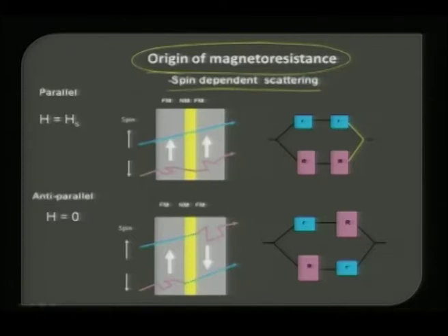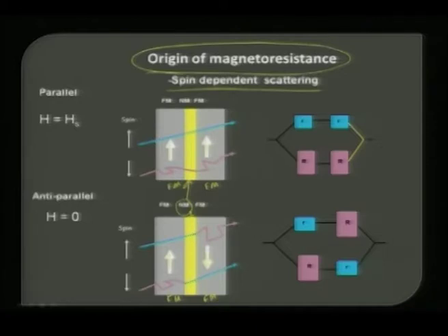There are two models given. In these two models you see, in this model this is a ferromagnet and this is a ferromagnet where the moments are aligned in the same direction, and in this one it is a ferromagnet, this is a ferromagnet and it is aligned in opposite fashion, and this is the non-magnetic layer which is a metal.